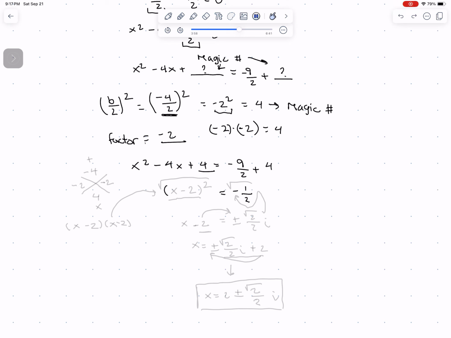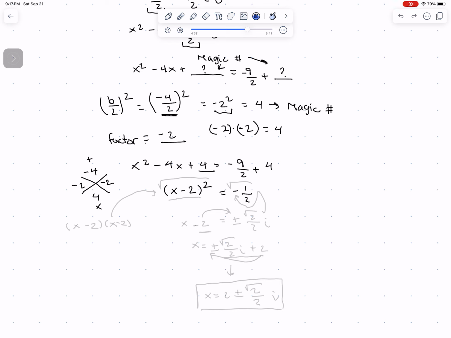I want to find a number that multiplies to positive 4 and adds to negative 4. We know that we're going to get both of them as 2, because 2 times 2 is 4, and we're going to have 2 negatives here. So negative 2 times negative 2 is positive 4, and negative 2 plus negative 2 is negative 4. That means both of my 2s are going to be negative. So that's why it's going to be x minus 2 squared.